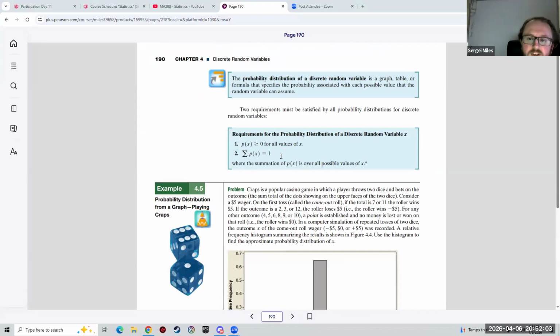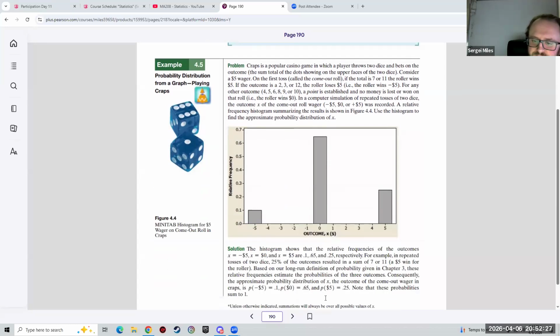So long as these two things are followed, then it is a valid probability distribution. If one of these things is not followed, or if it's broken, then it's not a valid probability distribution, okay? So you'll see things popping up in the homework asking about this, or using this to try to figure out some unknown values given some probability distribution, okay?